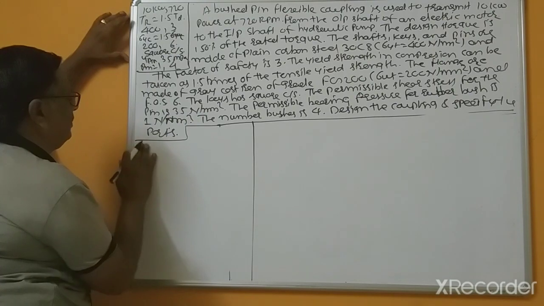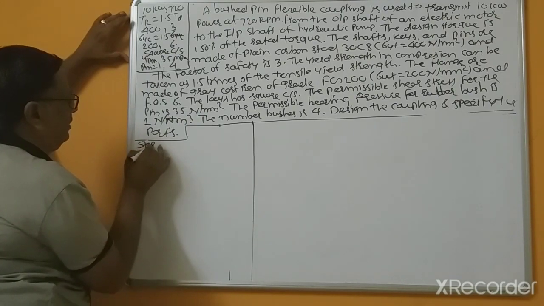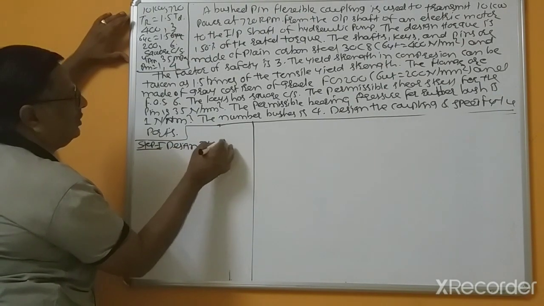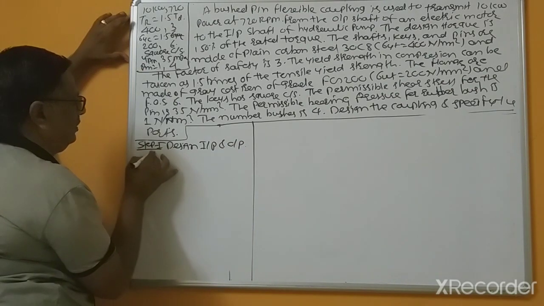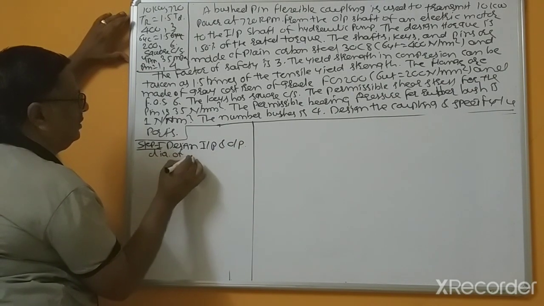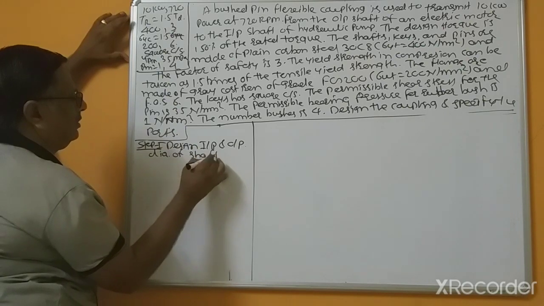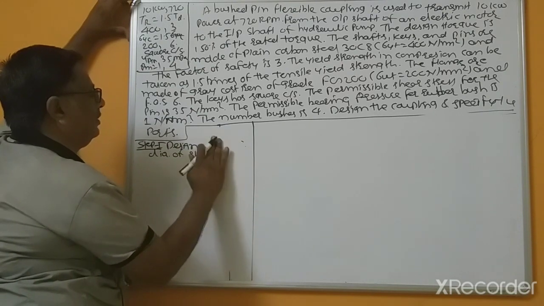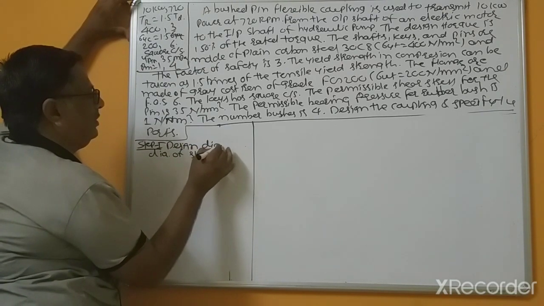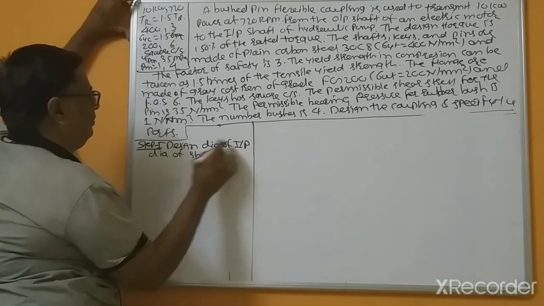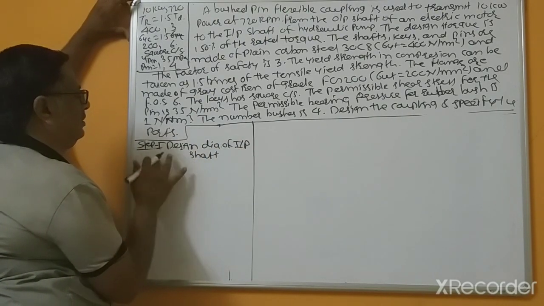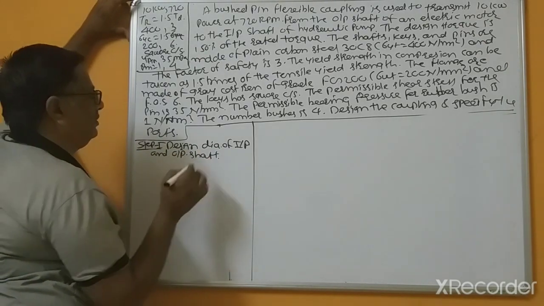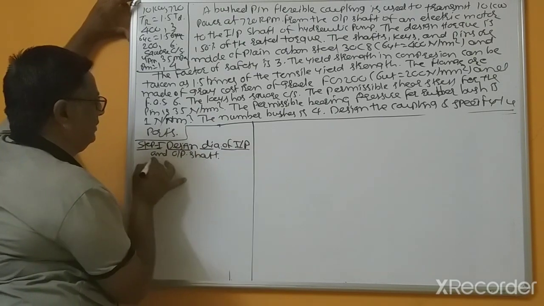This is the first step: design the diameter of the input and output shaft. So this wording is clear.